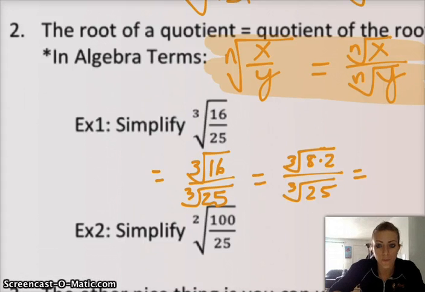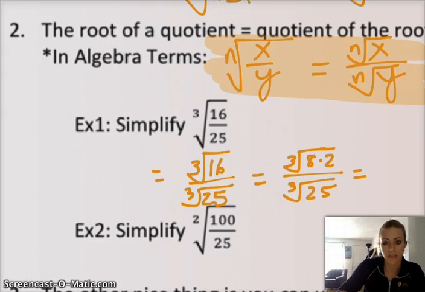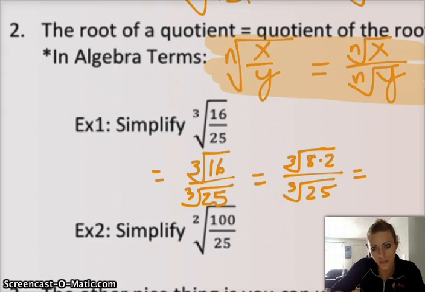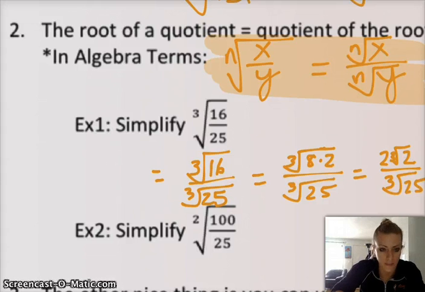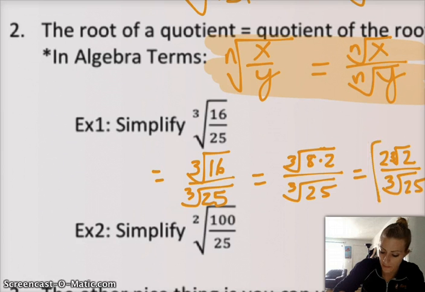And then we can break that up using the first rule to be the cube root of 8 times the cube root of 2, which ends up being 2 times the cube root of 2, all over the cube root of 25. 25 does not break up because it's just 5 times 5. That won't be simplified anymore. But you can rewrite it like that.